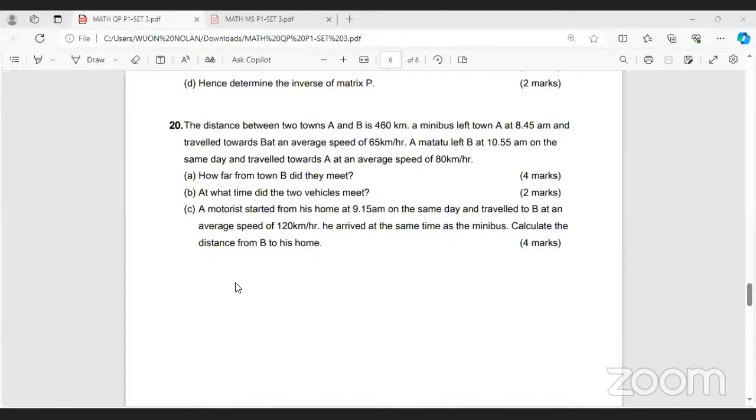So that is the time that the motorist should take to arrive at B the same time as the minibus. With its speed of 120 and time 6 hours 35 minutes, it is 120 times 6 and 35 over 60, you end up with 790 kilometers.